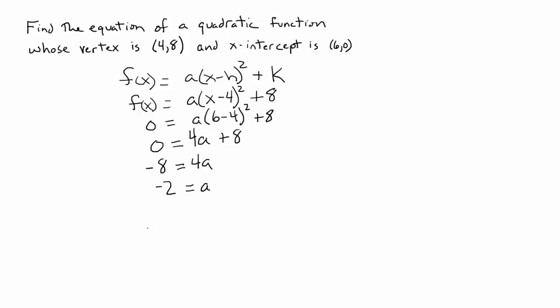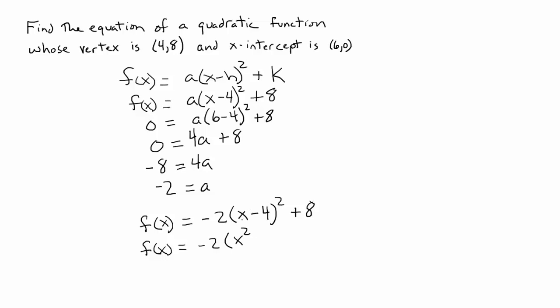So now in vertex form, we have f of x is equal to negative 2 times x minus 4 squared plus 8. And now if we want to write this in general form, we would have to multiply out x minus 4 times x minus 4. So we have f of x is equal to negative 2 times x squared.